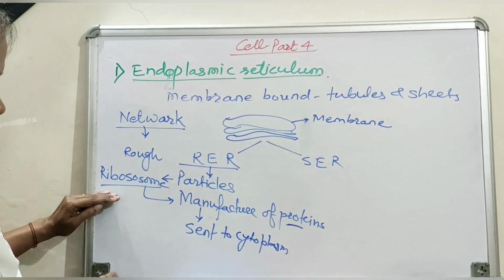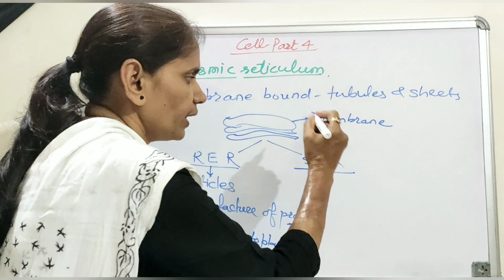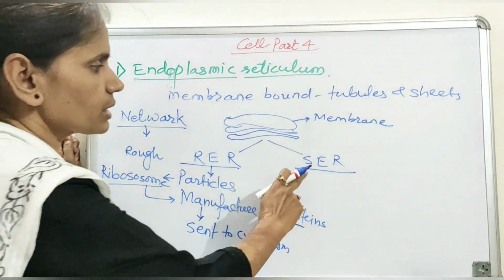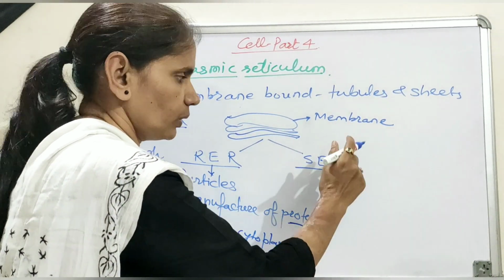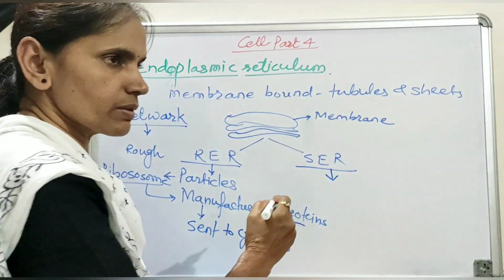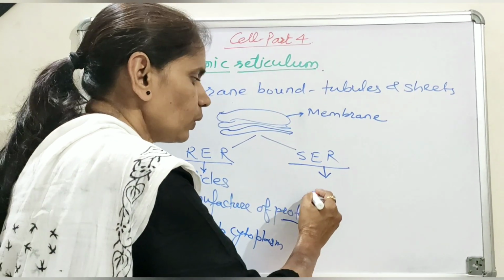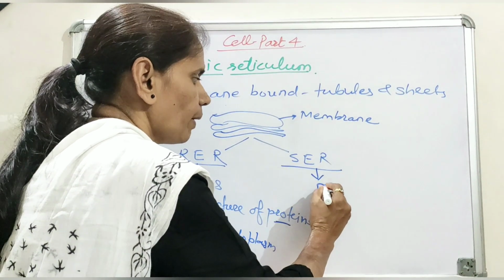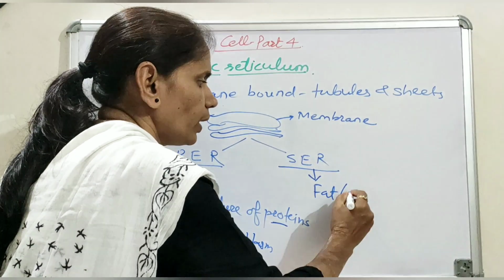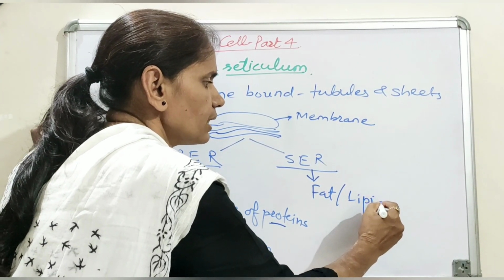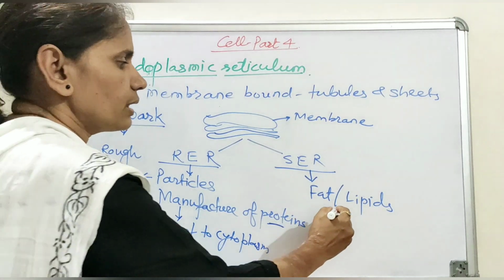Now another type of endoplasmic reticulum is the smooth endoplasmic reticulum. The smooth endoplasmic reticulum is the site for manufacture of fat molecules or lipids. These are essential for the cells.